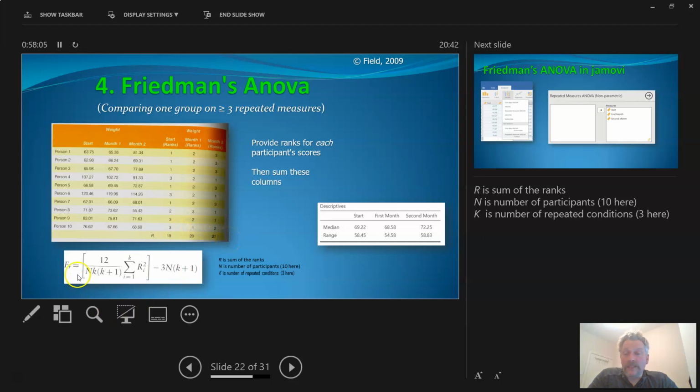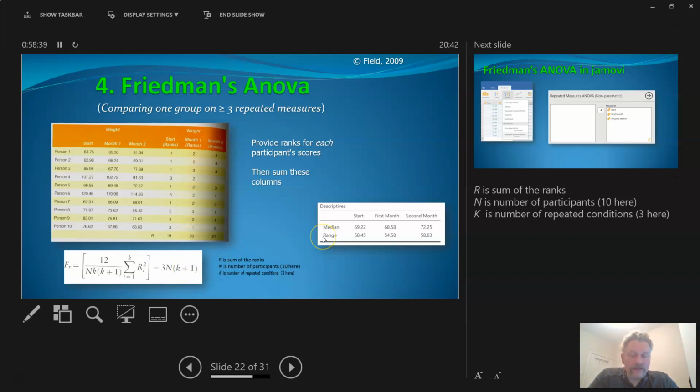Then that gets fed into this equation, which produces a test statistic, this Friedman's ANOVA. It takes into account the number of participants as a factor of the total rank score under each of those different conditions, and you subtract from that a multiple of the total number of participants that you've got.